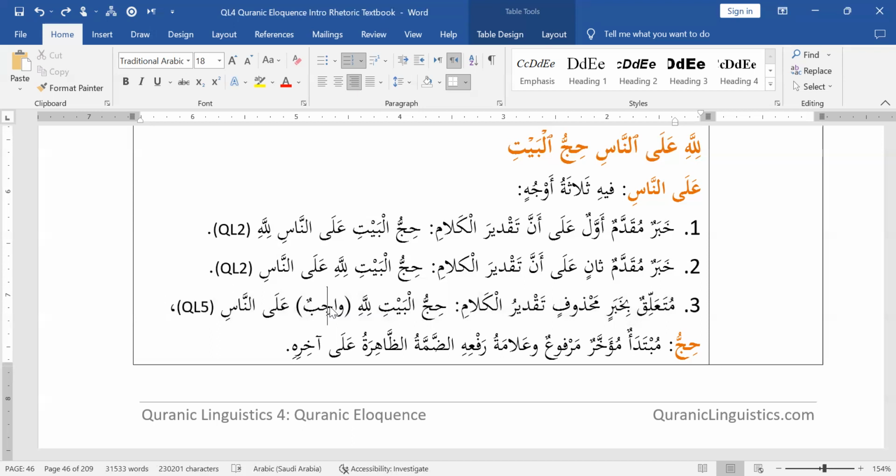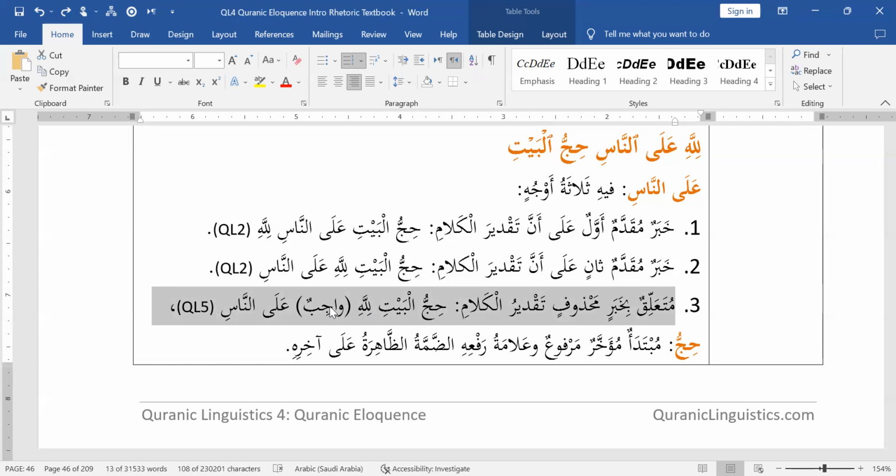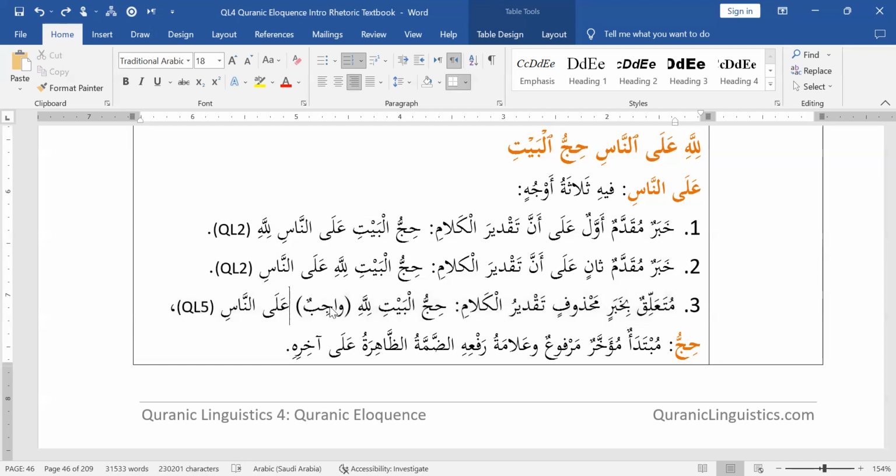If you do not accept the shibhul jumla being khabar, which is the advanced understanding, then you have to find a mahdhuf and connect it to it, link it to it. That mahdhuf is wajib. Where did we get the word wajib from? Because this expression, ala nas, it's on the people, meaning wajib on the people.